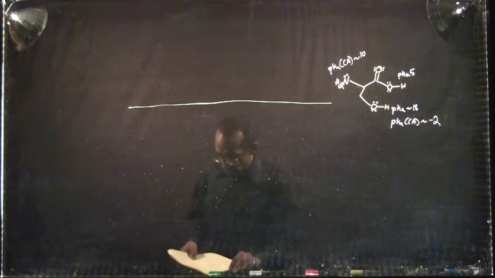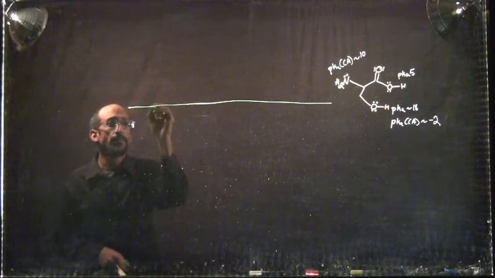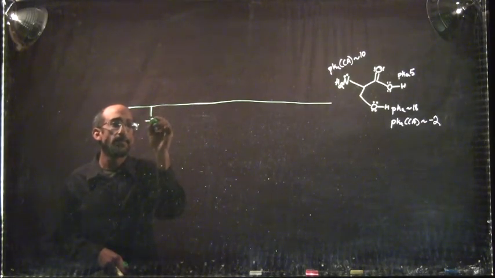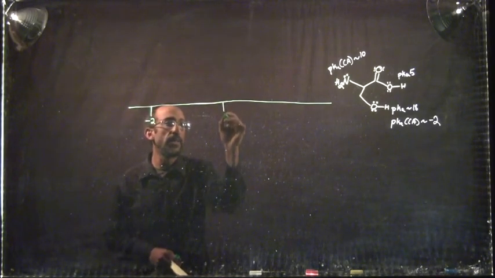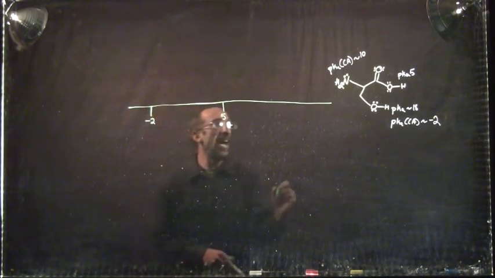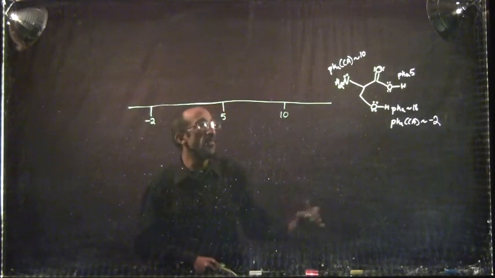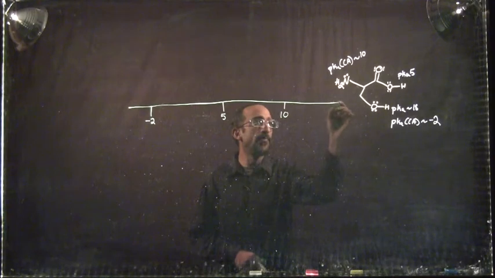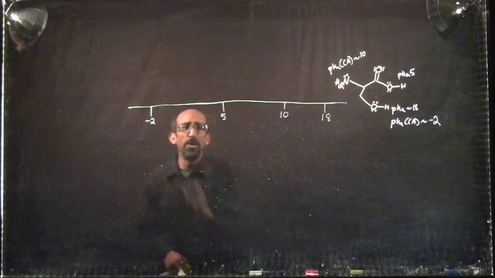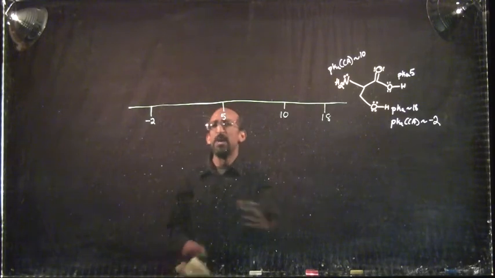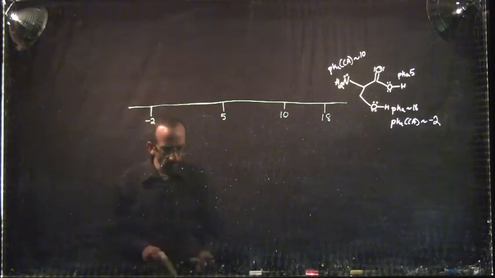So our lowest pKa is -2. Next, we have a pKa of 5. From there, we have a pKa of 10. And from there, we have a pKa of 18. Now, you don't have to space these out perfectly. You just need to space them out so you've got a little bit of room to work.